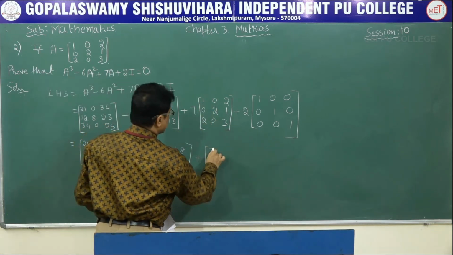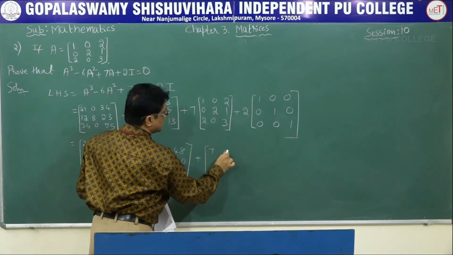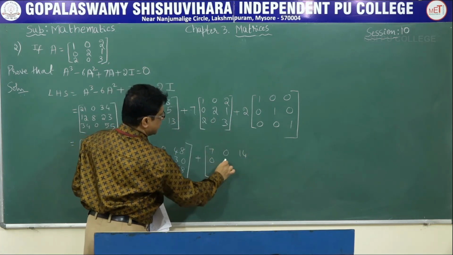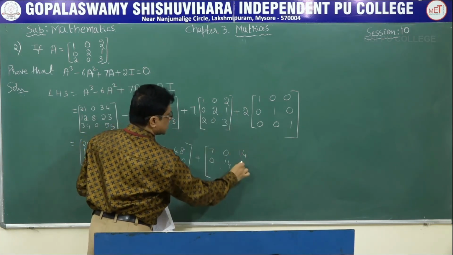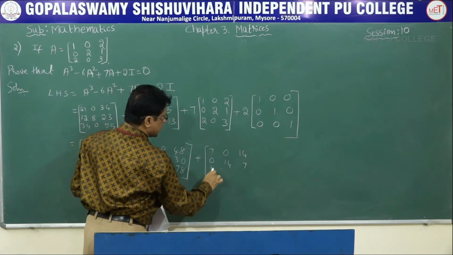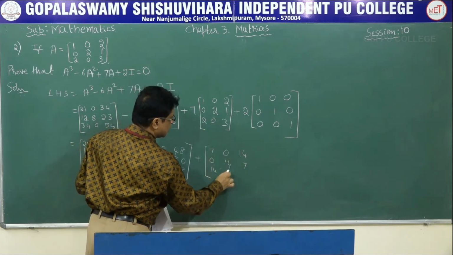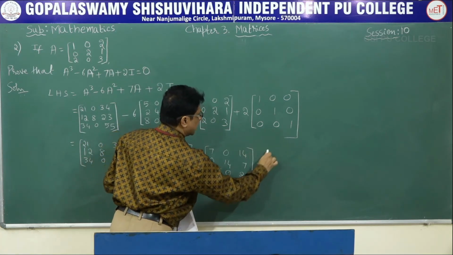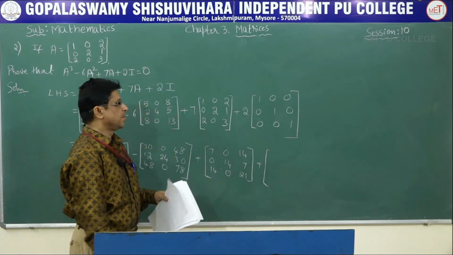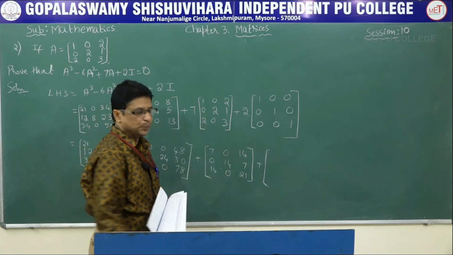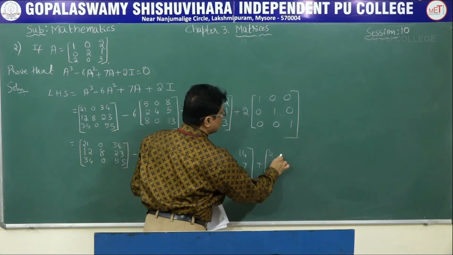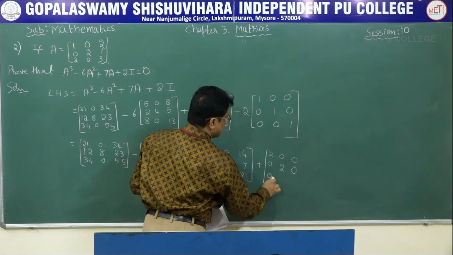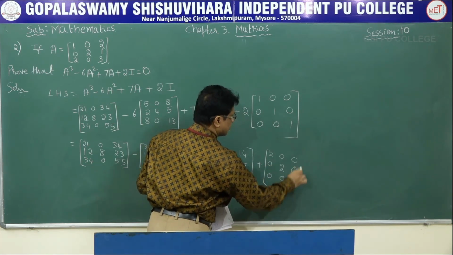So 7 1s are 7, 7 into 0, 0, 7 2s are 14, 7 into 0, 0, 7 2s are 14, 7 1s are 7, 7 2s are 14, 7 into 0, 0, 7 3s are 21, plus, we multiply the identity matrix by 2. So we have 2, 0, 0, 0, 2, 0, 0, 0, 2.